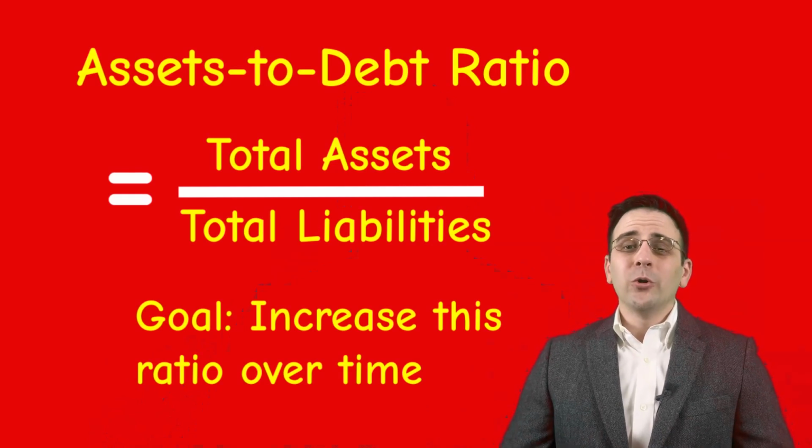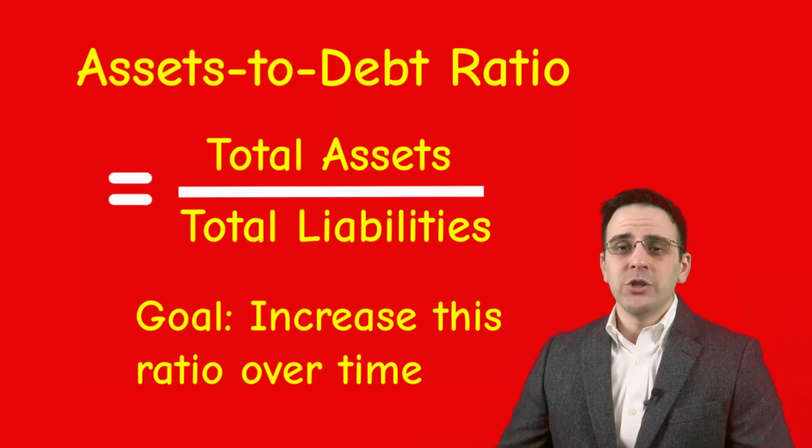Before we conclude, I want to give you 2 more simple tools to measure how you're doing with your wealth goals. These are very basic ratios that I'd like you to calculate every time you do your personal balance sheet and your personal income statement. The first is called your assets to debt ratio.